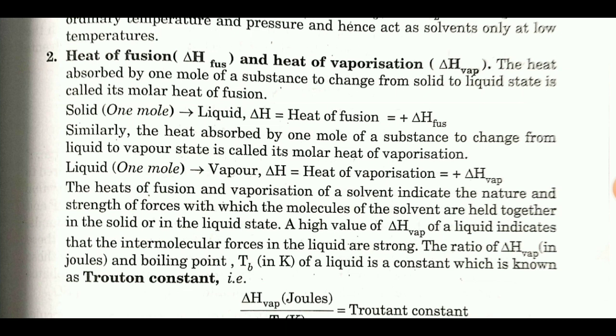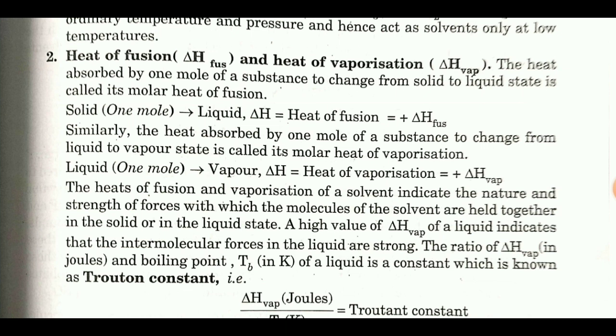The heats of fusion and vaporization of a solvent indicate the nature and the strength of forces with which the molecules of the solvent are held together in the solid or in the liquid state. A high value of delta H of vaporization of a liquid indicates that the intermolecular forces in the liquid are strong.